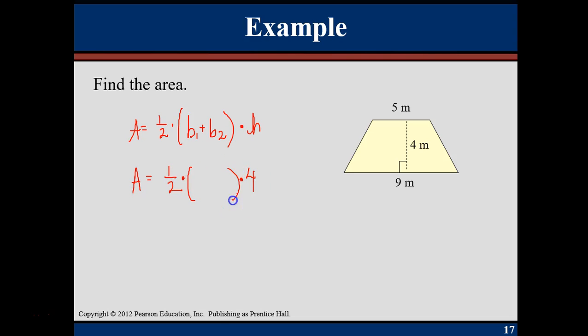And then I have base 1 and base 2. Those are our flat parts, our not slanty parts. And it doesn't matter who's 1 and who's 2. We're just going to go ahead and add them. So I have 1/2 times 14 times 4. 1/2 of 14 is 7. Times 4 is 28. And so my area for this is 28 meters squared.